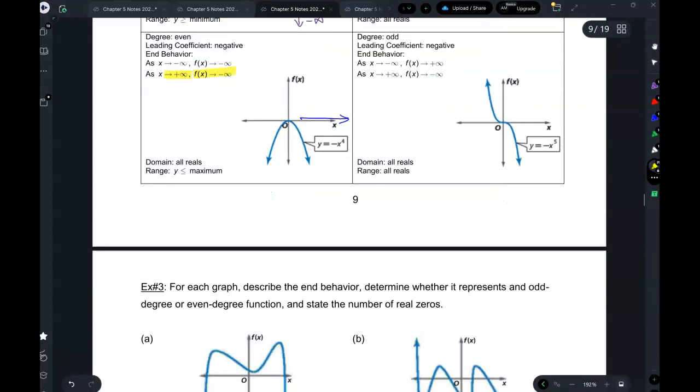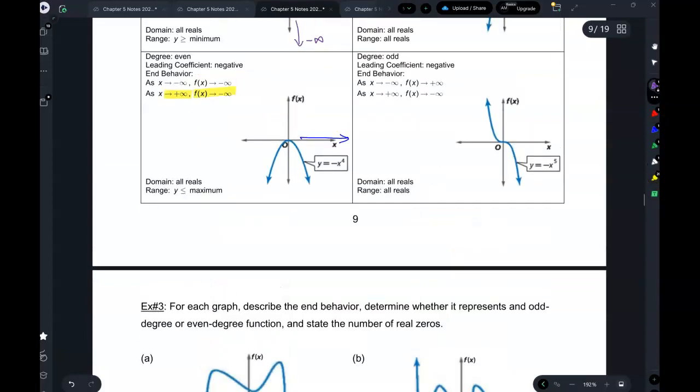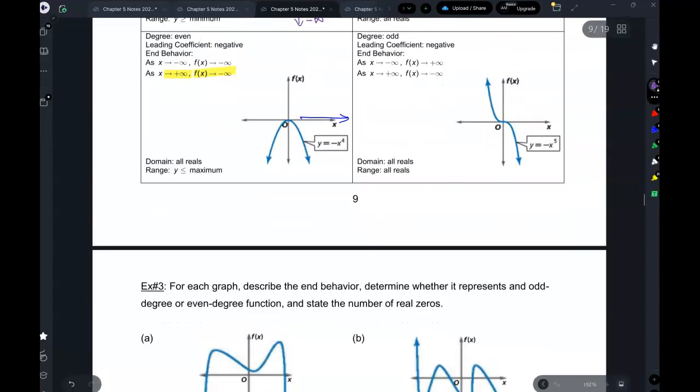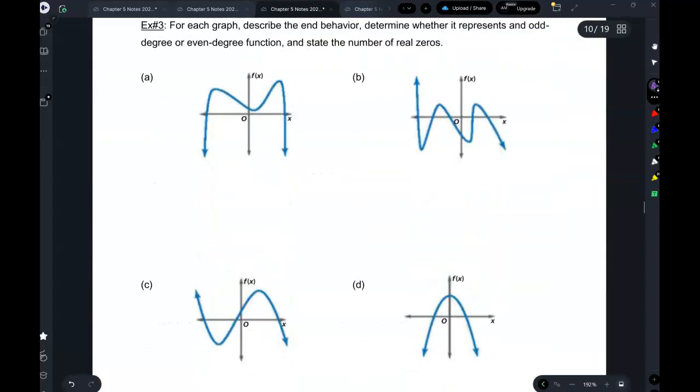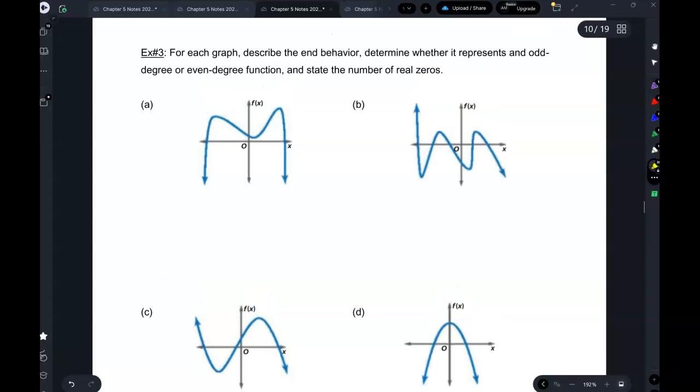Okay, let's do some examples. So let's take a look here. First, it says describe the end behavior. That's all we're going to do right now is describe the end behavior for each of them. Okay, to describe the end behavior, you have to write down the template for it.